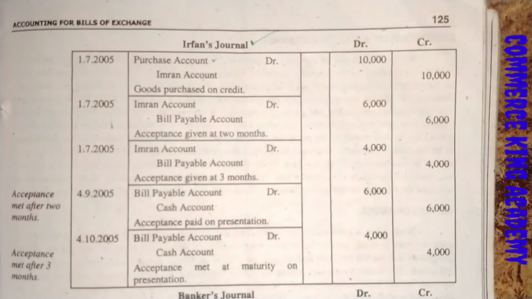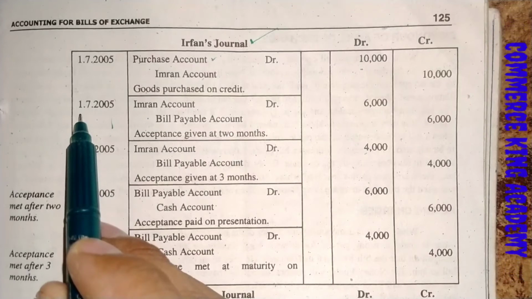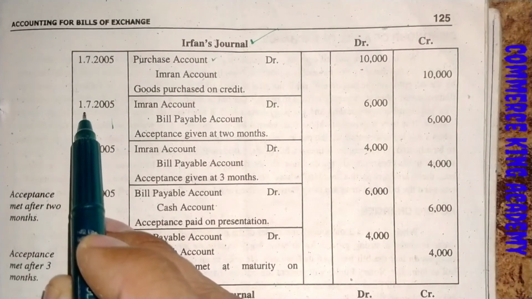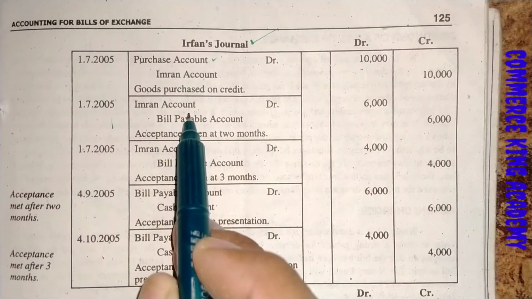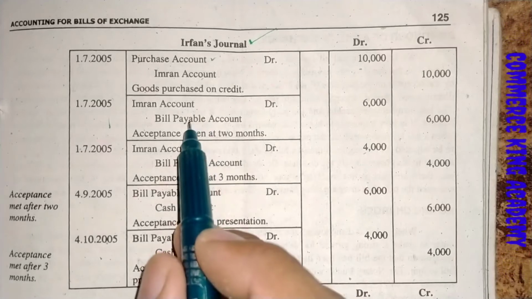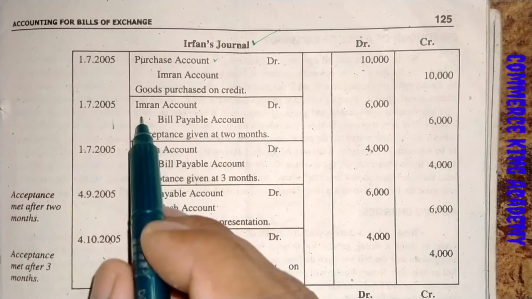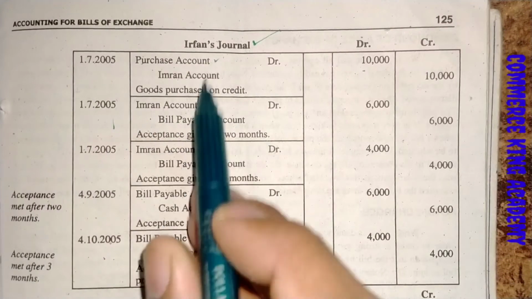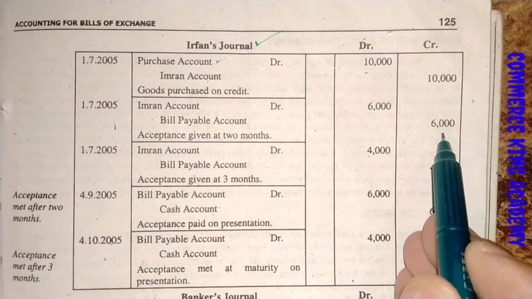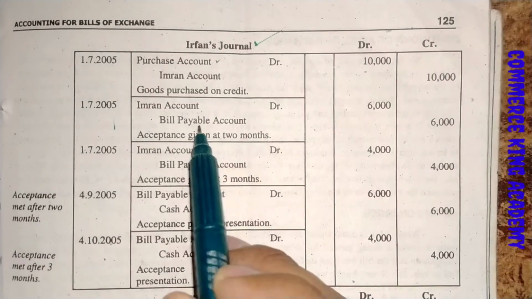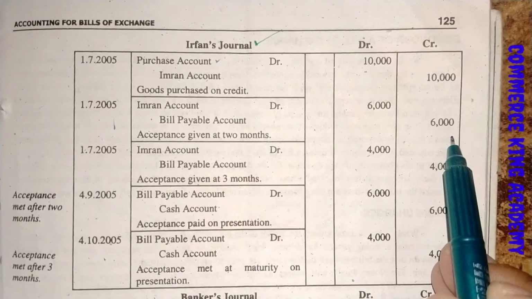Okay, as in the previous concepts, we have the idea that on the same date, 1st July 2005, Mr. Irfan accepts the liability to pay the bills. So the entries will be: Imran account will debit in the accounts of Mr. Irfan, to bills payable account will credit, because an increase in liability will be credit.